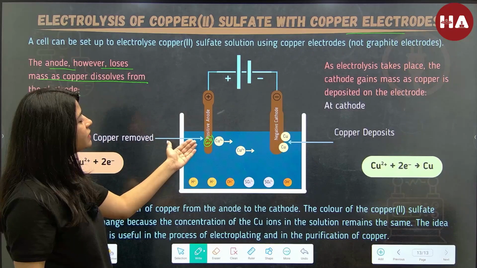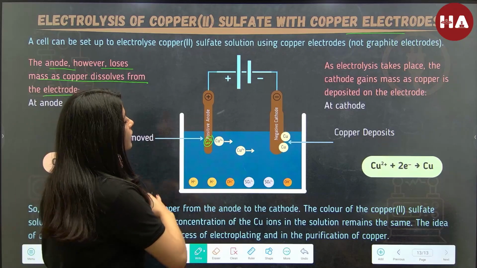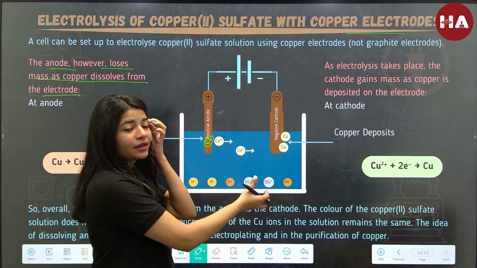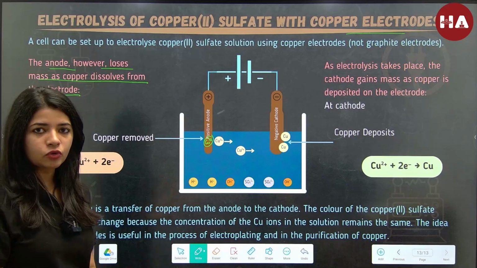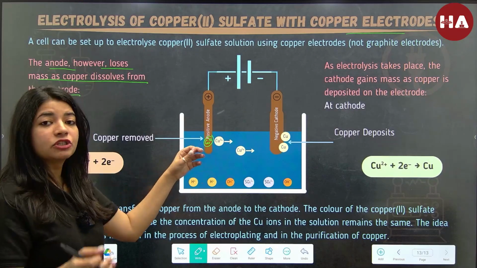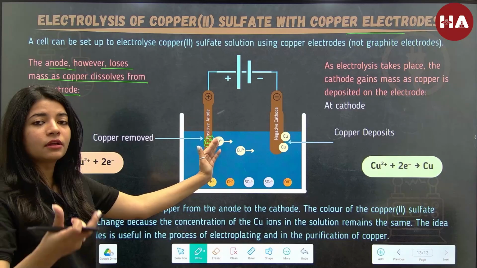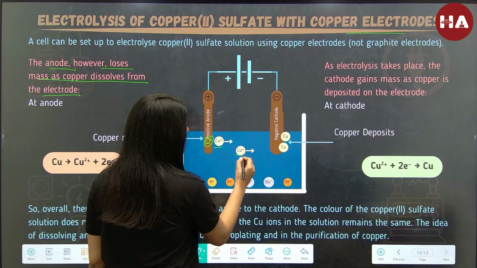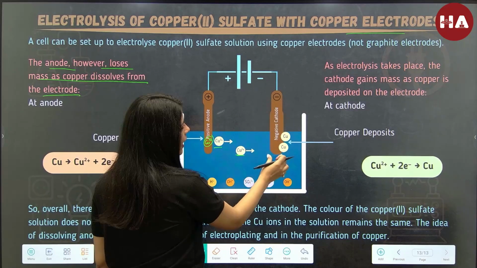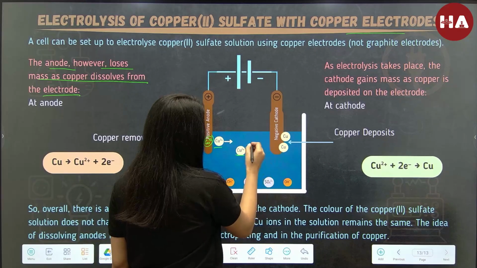So the ions will start moving from the positive anode and start getting deposited at the cathode, because the cathode is an electron rich electrode. And the copper ions, which are metal ions, are electron deficient. So they are moving towards the cathode so that they can gain electrons. Right, so these Cu+2 ions are going towards the electron rich electrode, which is our cathode, and there they will wait.